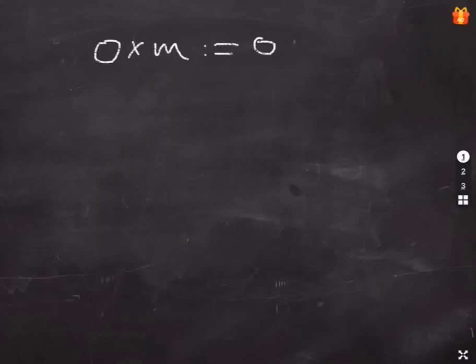Now, suppose that you have defined how to multiply n to m, which we have not. But then we can, because, I didn't mention it, but I am implicitly using induction here.